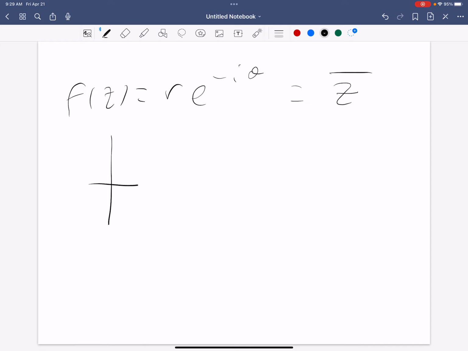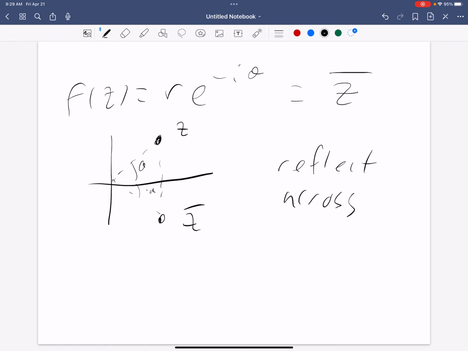And as we've already discussed, we know what conjugation is, so there's z. Note, if this is theta, then that's clearly negative theta. This is simply a reflection across the x-axis, or the real axis.